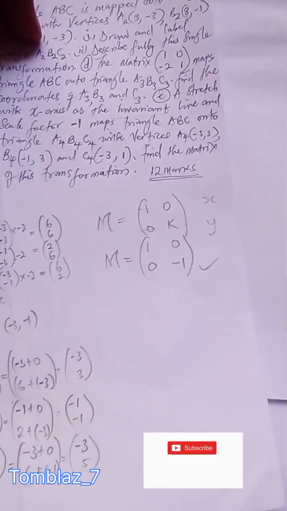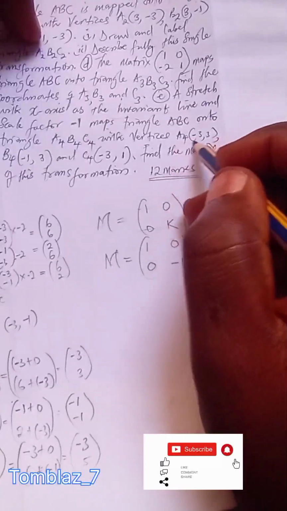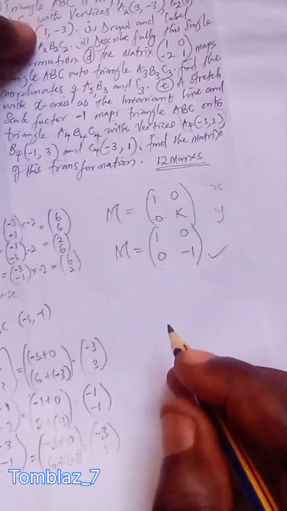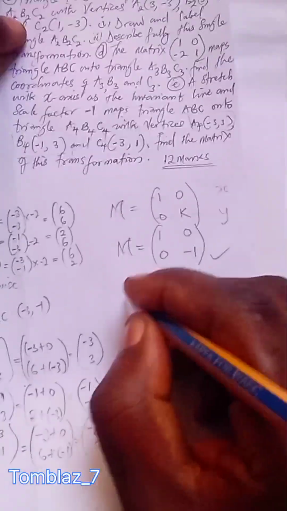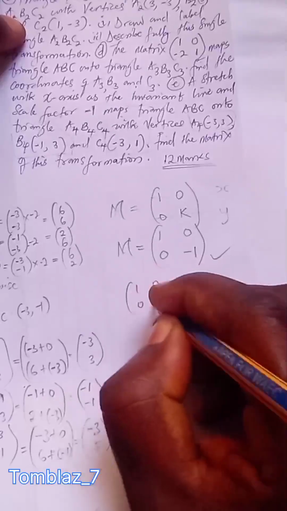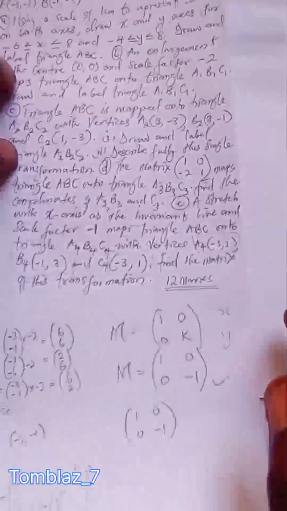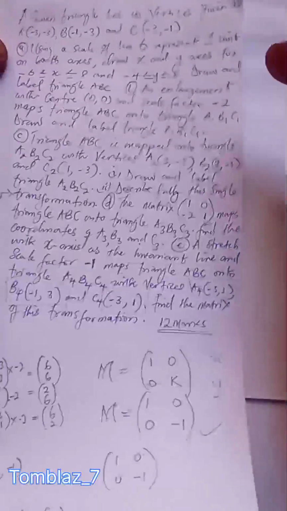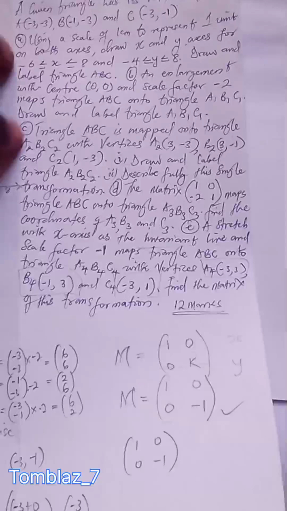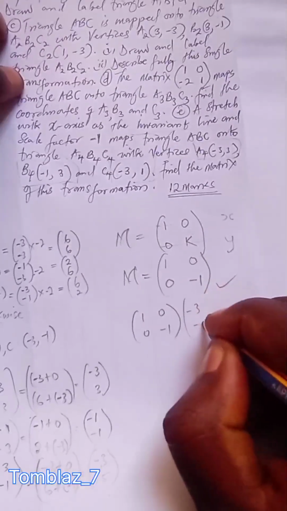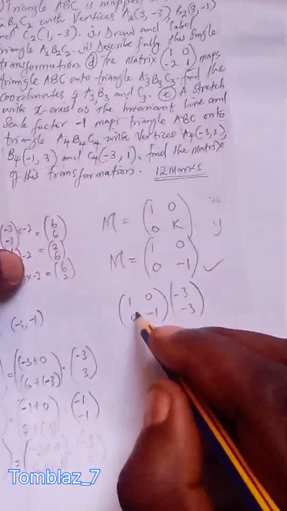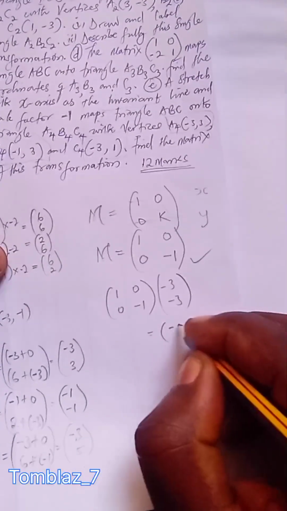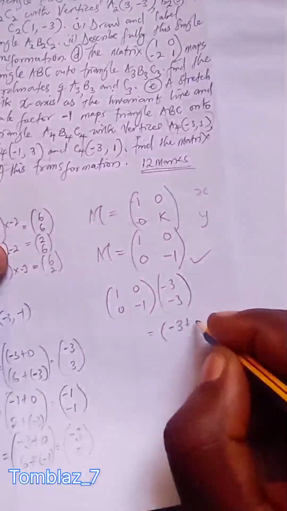If you want to check if your answer is correct to get all these coordinates, this is what you should do. First, pick this matrix 1, 0, 0, and -1. Then bring the original coordinate of A to see if it will transform to this. So the original coordinate of A gives us -3, -3. So let's bring it, -3, -3. So let's check. This times this is going to give you what? -3. Plus this times this is going to give you 0.